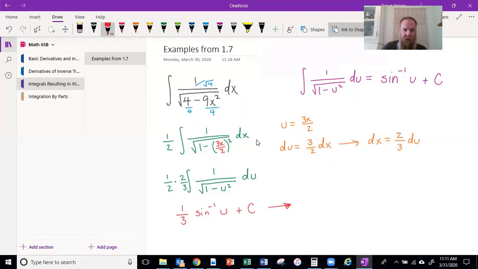And now plug it back in, and we get 1/3 sine inverse of what I chose for u, which in this case was 3x over 2. And there's your answer.